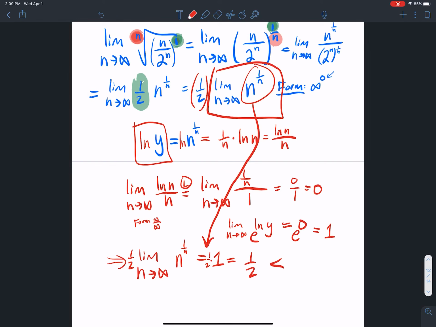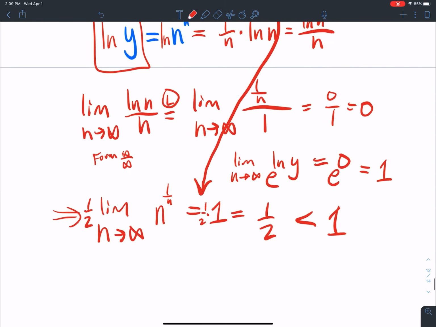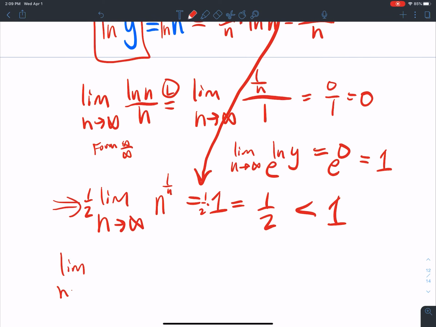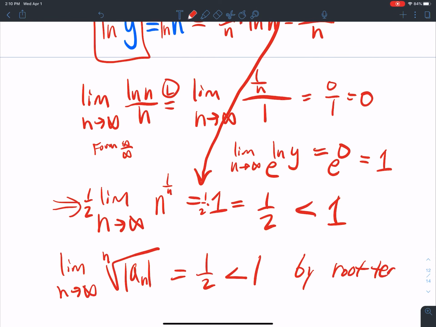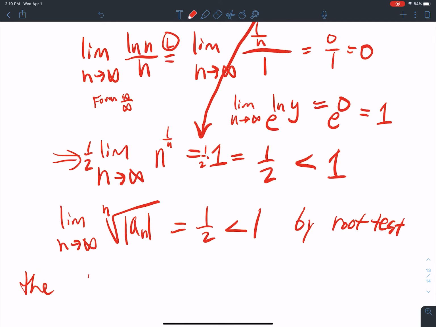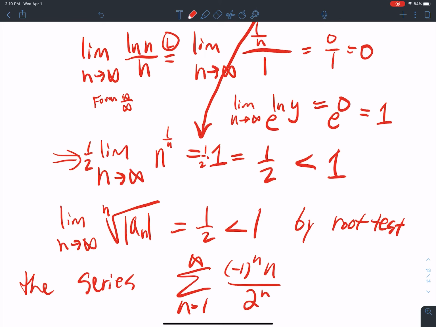Now 1/2 is less than 1. So what do I have here? Just to summarize, the limit as n goes to infinity of the nth root of a_n is equal to 1/2, which is less than 1. So by the root test, the series from n equals 1 to infinity of negative 1 to the n over 2 to the n converges.